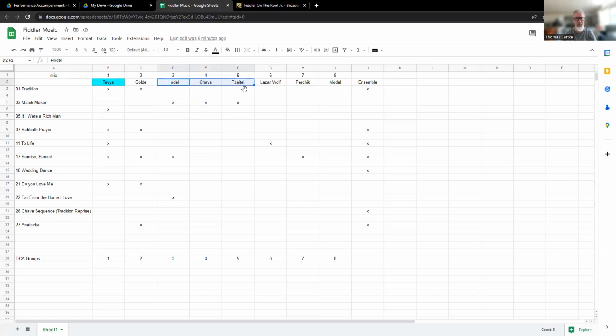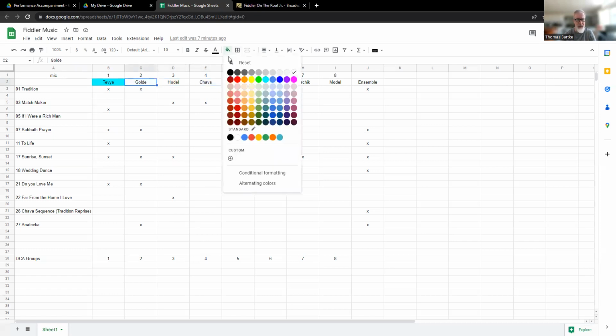Tzeitel is arguably a more important character than Hodel, but you can see Hodel actually has more singing solos than Tzeitel, and secondarily, Tzeitel is good to combine with Lazar on the other end here. And Perchik is another guy. Then, just to make this easy, I usually color code them for myself.